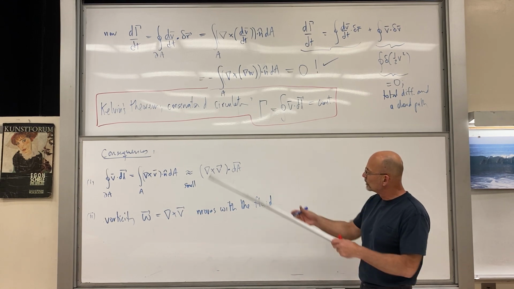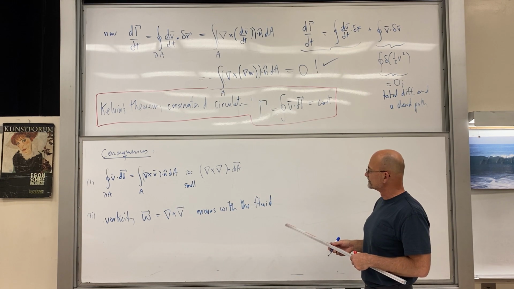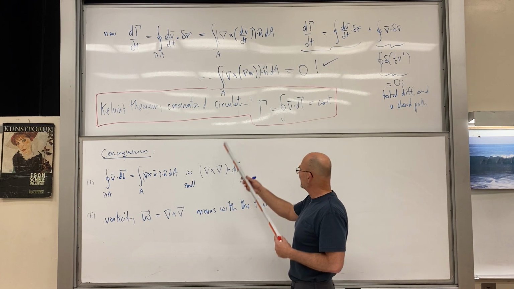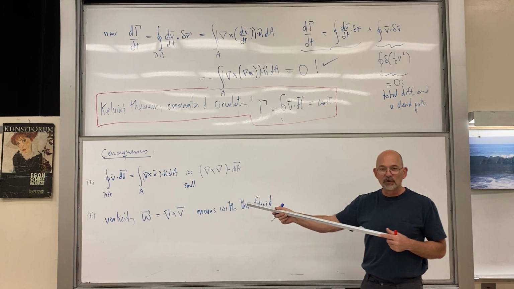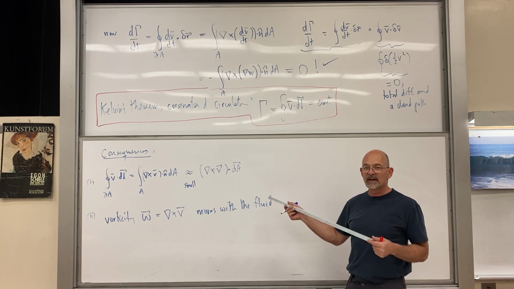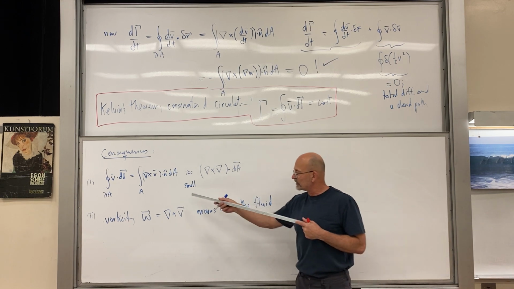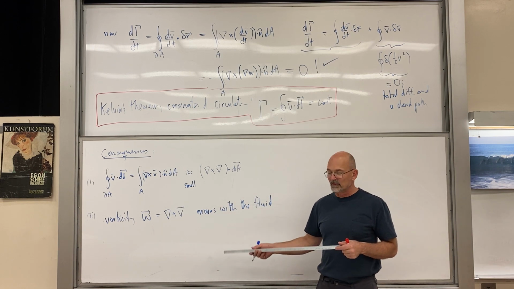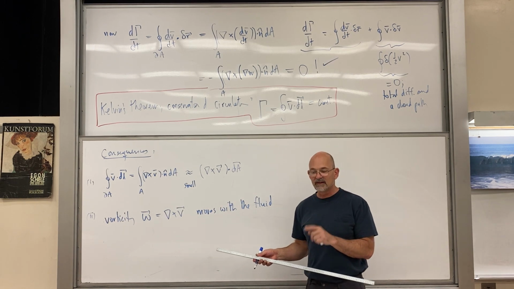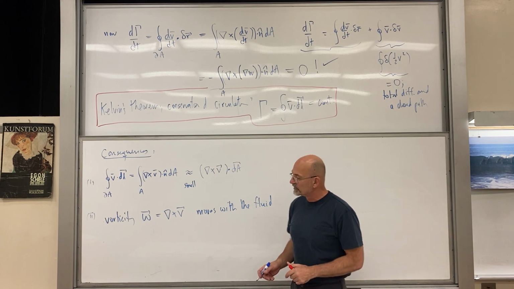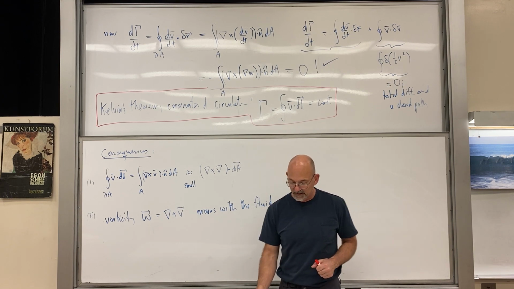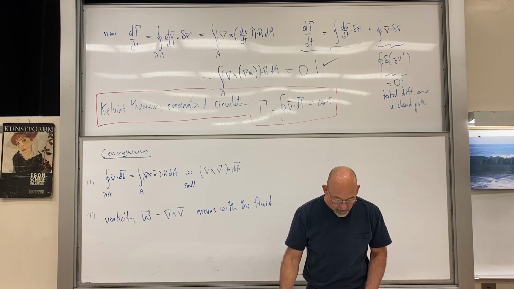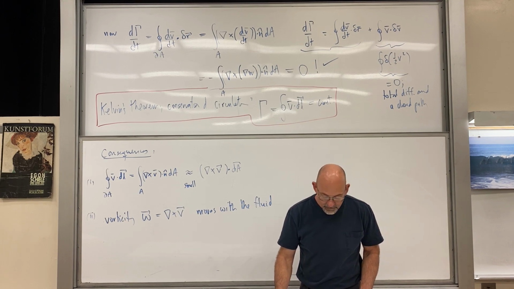It's constant as it moves along with the fluid. And as such, if you have vorticity in an ideal fluid, you never lose it. And on the other hand, if vorticity is zero in an ideal fluid, it never appears. Now that's the thing where the real fluids have a difference of opinion on, so to speak.